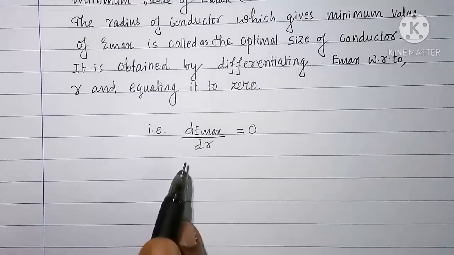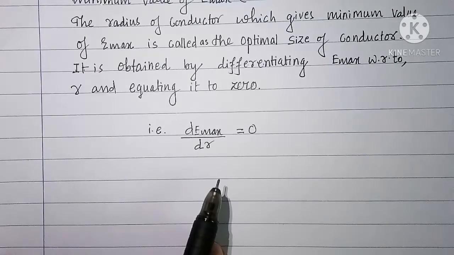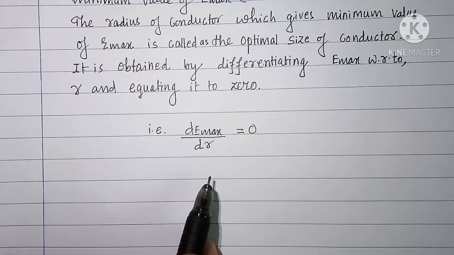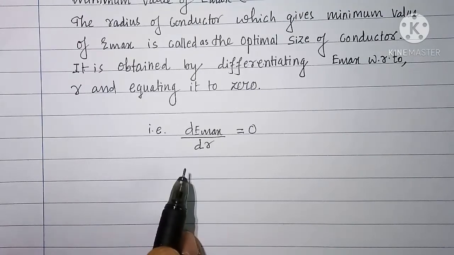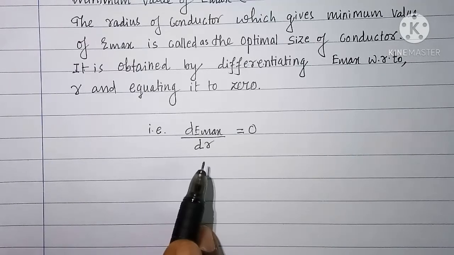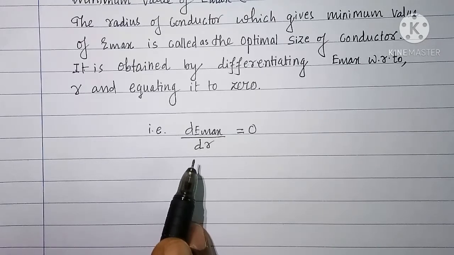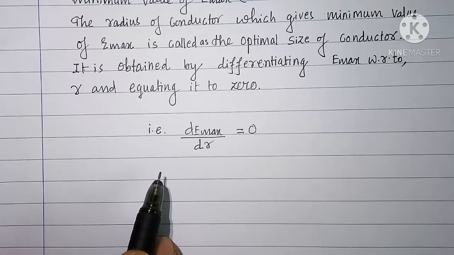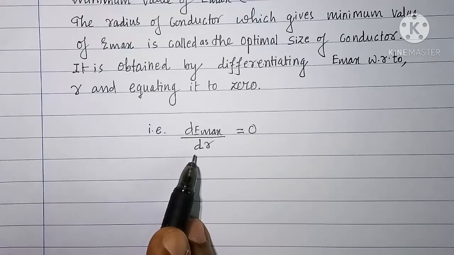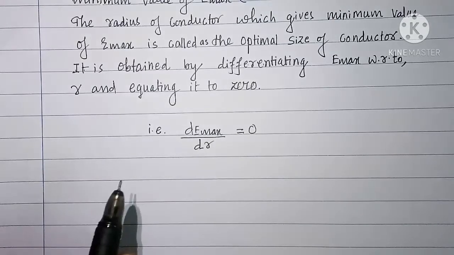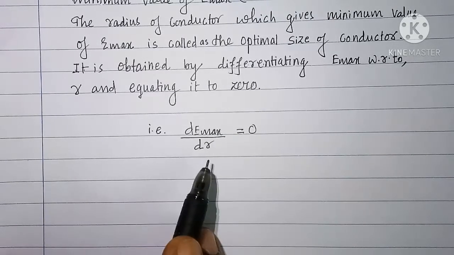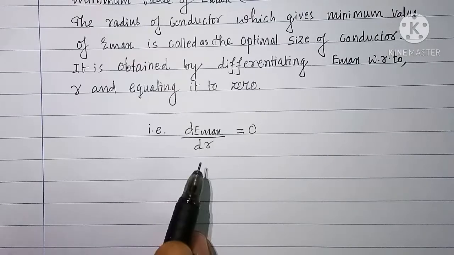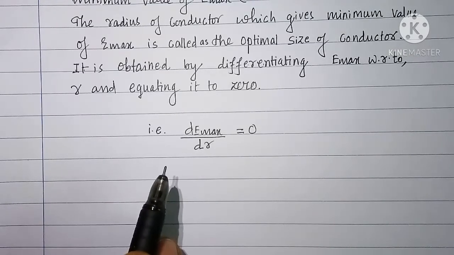That is d Emax by dr is equal to 0. Since in equation 3 numerator, that is V is constant, now we can differentiate the denominator of Emax and equate it to 0 to get optimal value of radius or optimal size of the conductor.